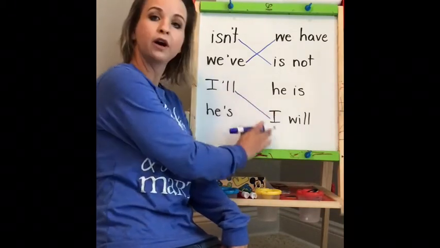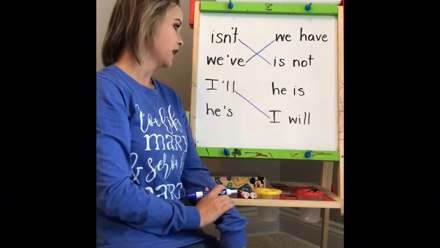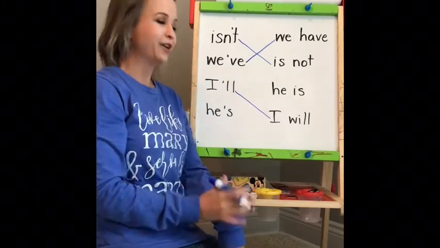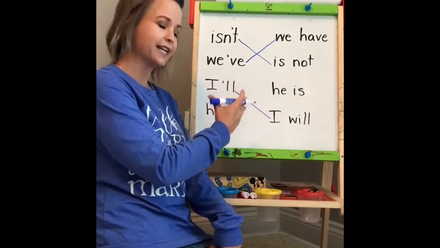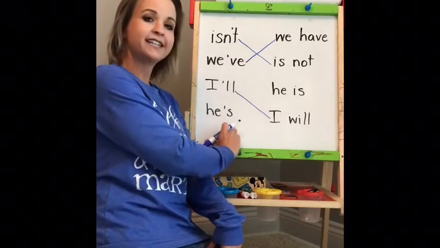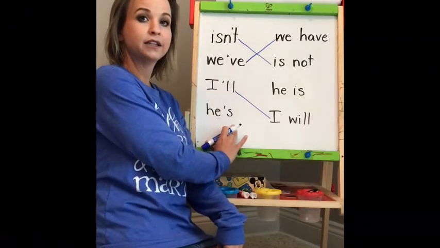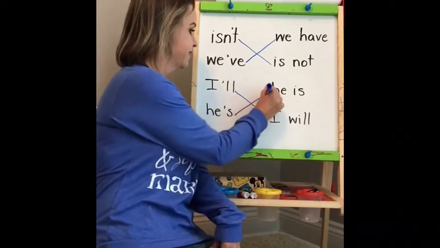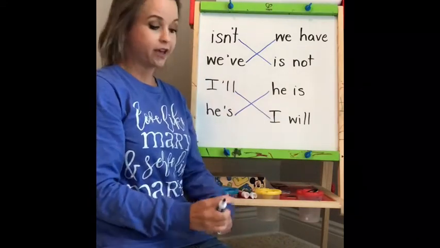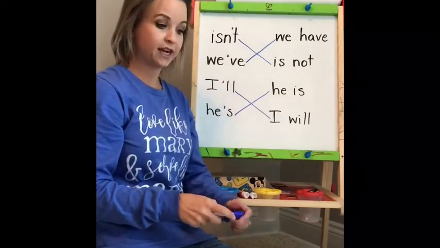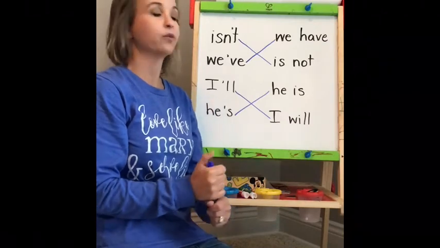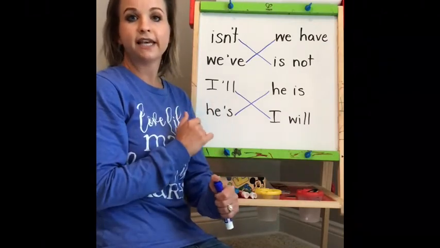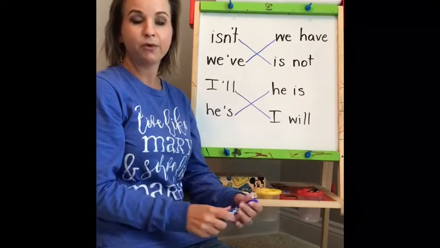I'll stands for I will. All right, so last one. I know that we can kind of look at it and see. So, he's stands for what? He is. Very good. Okay, so if y'all have some trouble with this, I want you to come back and review over these lessons and see if that can help you out.